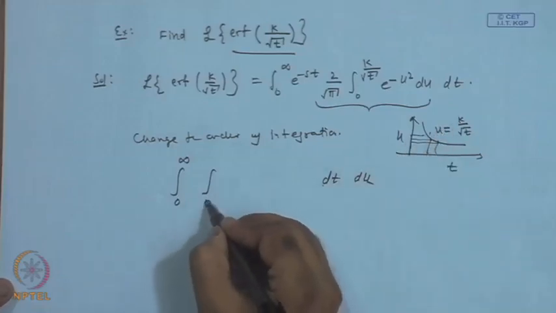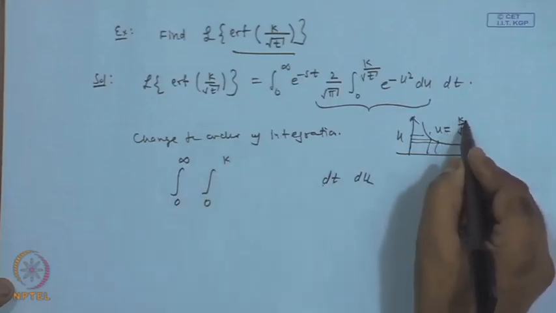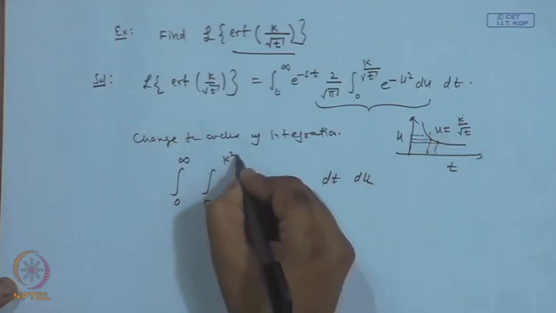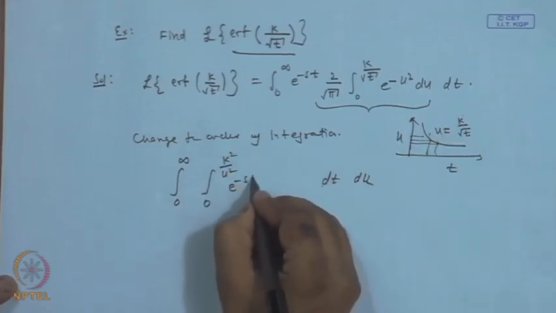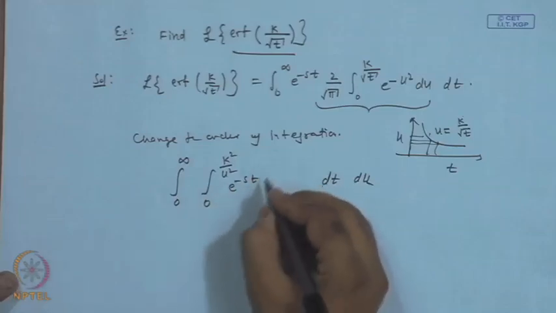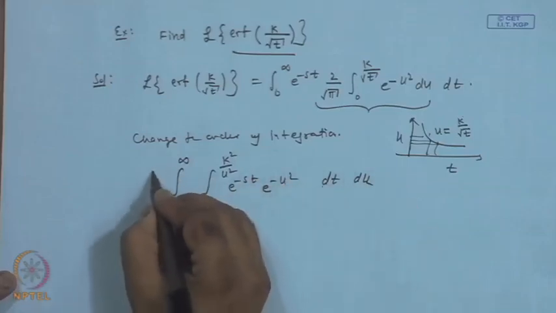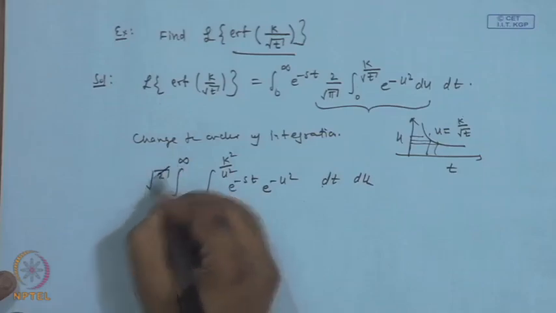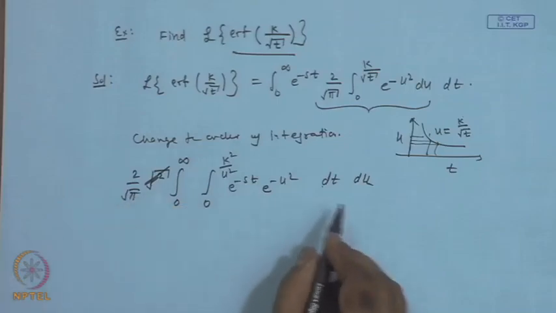So, t goes from 0 to k square over u square, that is, k over u whole square. So, we have the integral of e to the minus s t, and e to the minus u square, dt du, and this factor 2 over square root pi will come out of the integral.